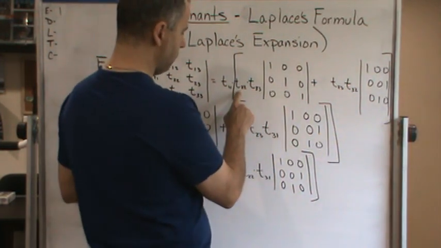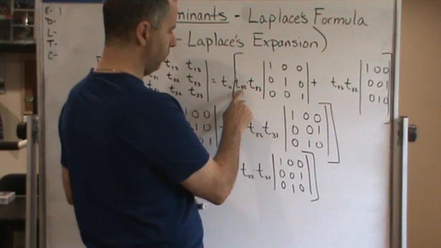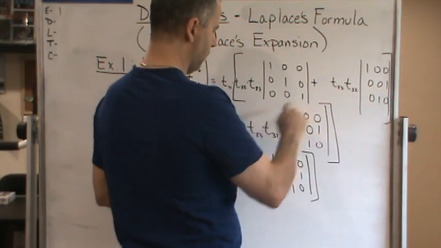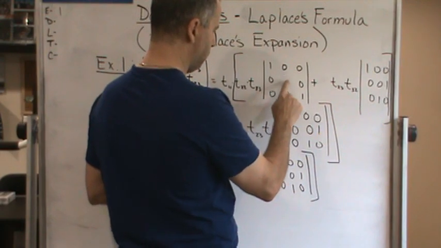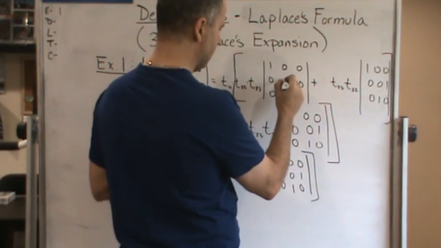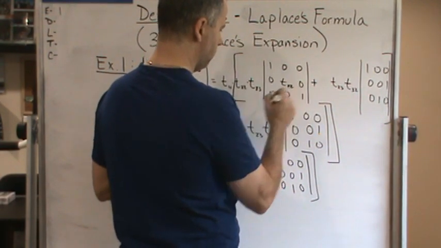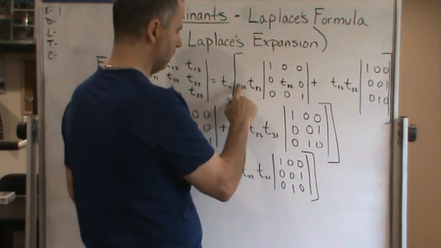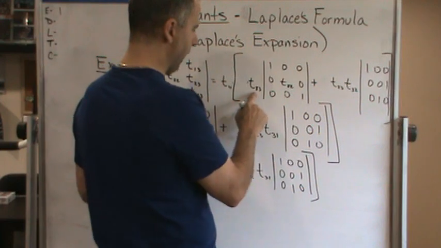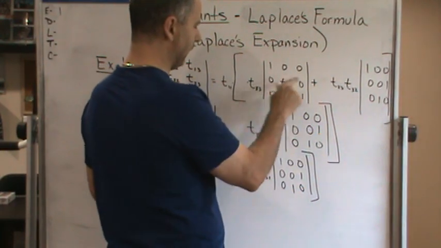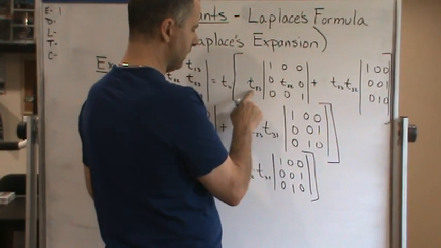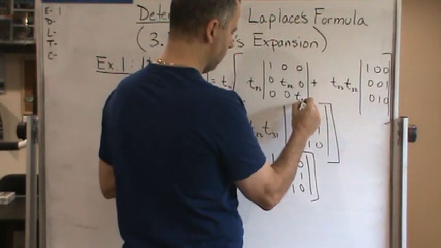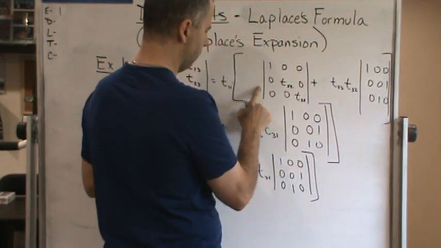So this 2 by 2, this is the second row, right? So this is going to be multiplied through the second row. So what's that going to do? That's going to put a T22 right there, and that goes away. Okay, and then we're factoring back. We're going to multiply back in the third T33 to the third row. That's going to put T33 right here.